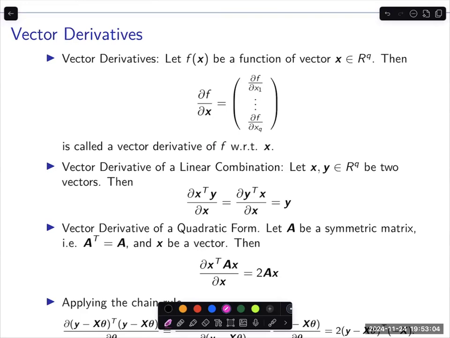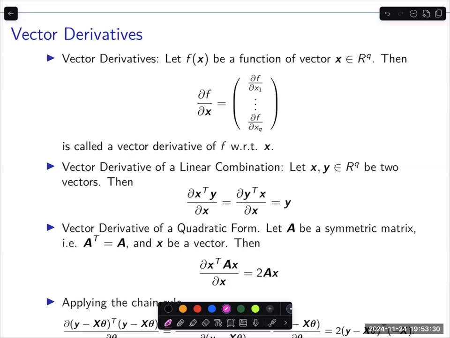In particular, if we have a function f of the vector x, assuming that x is q-dimensional, then the first derivative with respect to the vector can be represented as a vector of partial derivatives with respect to x1 until xq, ordered as a vector.